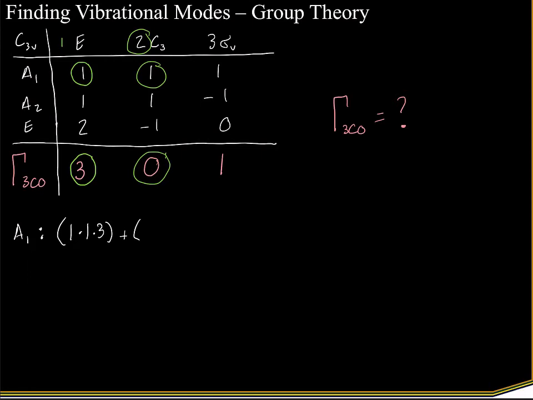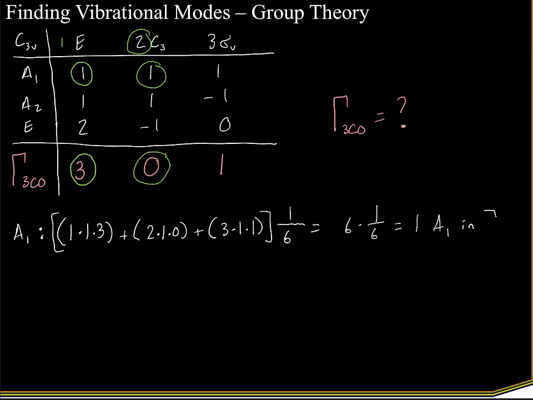We're just going to add all of these up. Then we need to multiply them by 1 over the order, which in this case is 6. And this is the total number of symmetry operations for our given point group. So what we see is that this is 6 times 1/6, which means there is one A1 contained in our gamma.